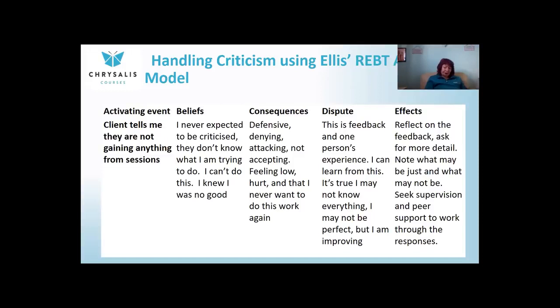So that's it on the CBT approaches. A lot to take in, but we're now going to move on to talk about ethics, and today we're looking at diversity. So the pluralistic approach provides us with a framework that is likely to suit a wide range of diverse clients.